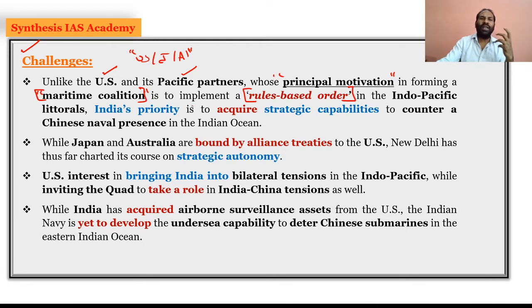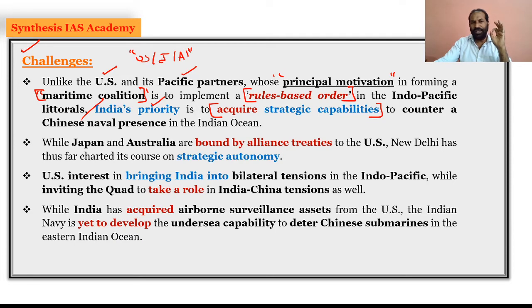But when you compare it with India, India has a different priority, and India's priority is to acquire strategic capabilities. The priority of the US, Japan and Australia is a maritime coalition, which is a rules based order in the Indo-Pacific littorals.